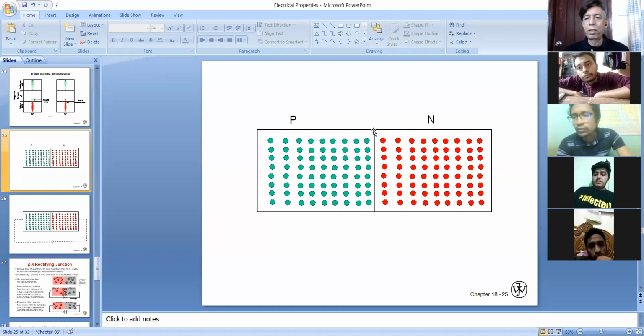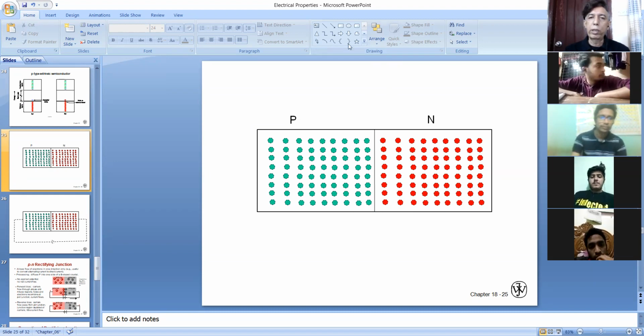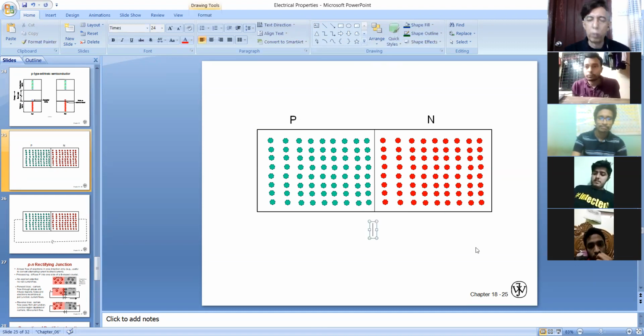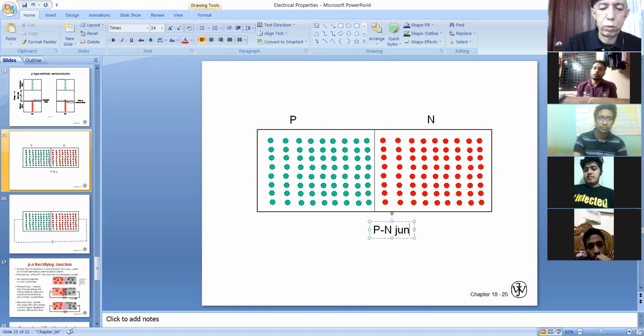This is the junction between P-type semiconductor and N-type semiconductor. This is the junction. We call it the PN junction.